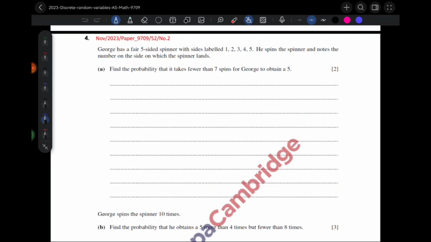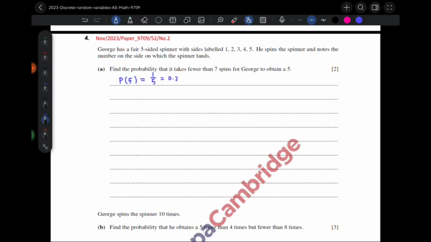Fewer than 7 spins is very similar to number 1, I think. Because the spinner is fair, the probability of each outcome is 1/5, or 0.2.